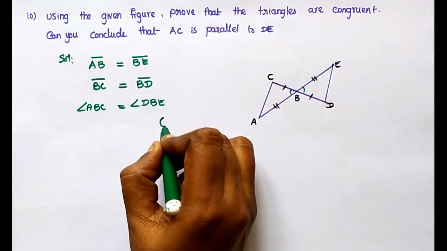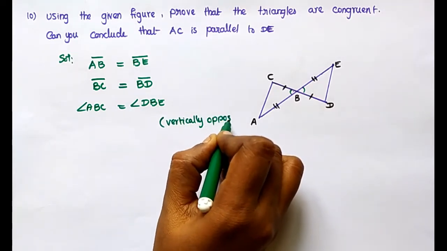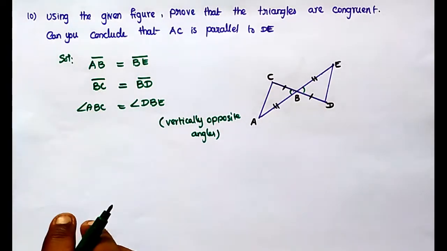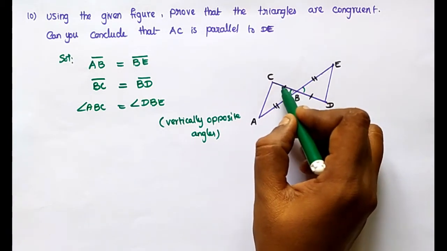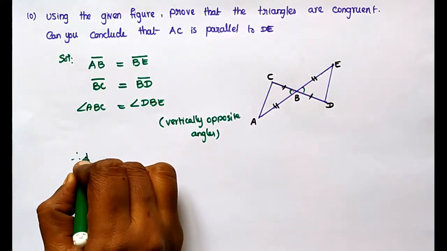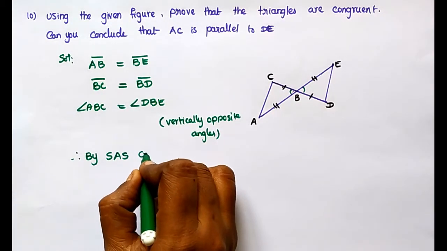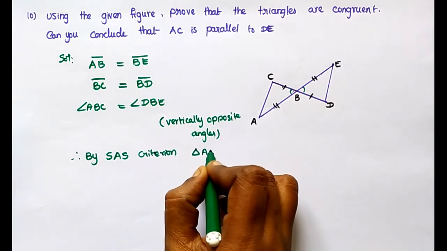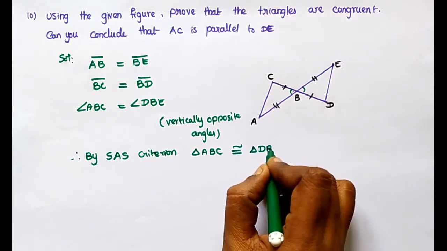How? That is because vertically opposite angles are equal. Listen, from this criterion, side angle side, that is SAS criterion, triangle ABC is congruent to triangle DBE.